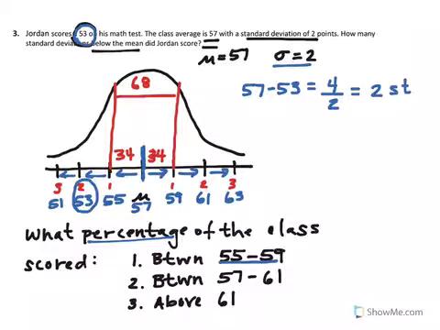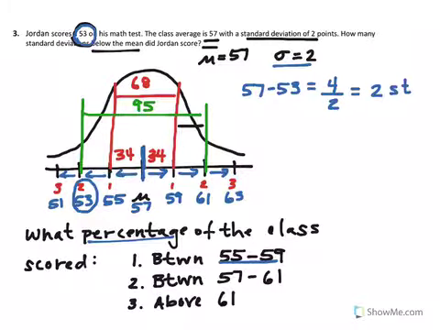So our empirical rule says that 95% of the data, 95% of the population is going to fall in between 2 standard deviations. So 95% of the data falls between 2 standard deviations above and below the mean. So if we look at that and we say, well, okay, what is this area right here?